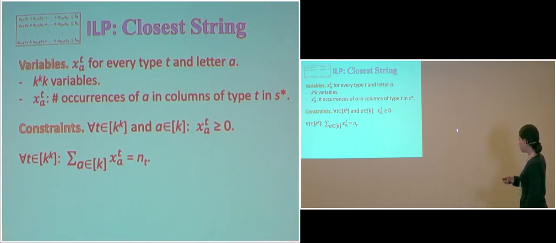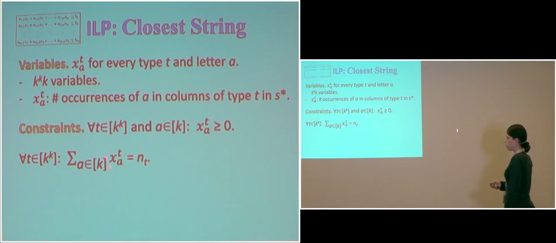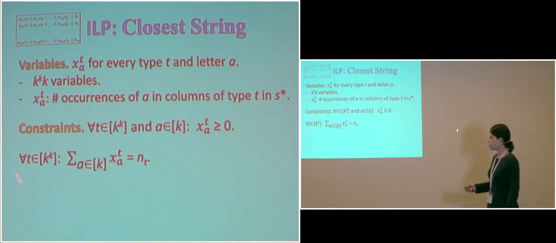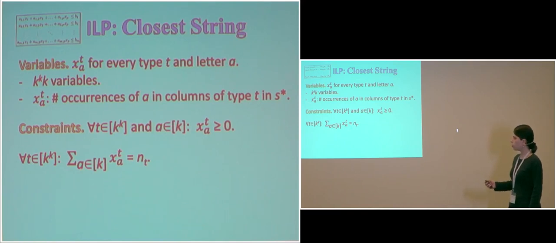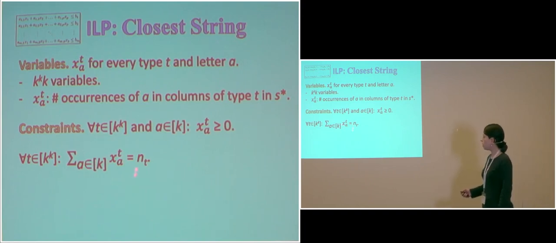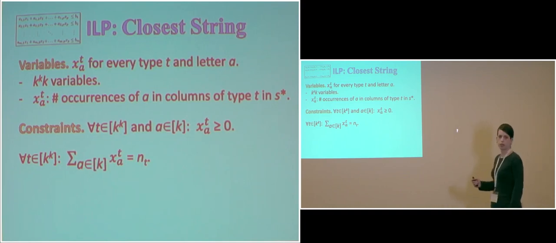So we are looking at every type, and we have a constraint for exactly this. We are looking at all the variables xta for a specific type. We are summing up all of the variables xta, and we want it to be exactly nt. We're looking at all the letters, so the sum of xta should be exactly the number of times we have the type T.